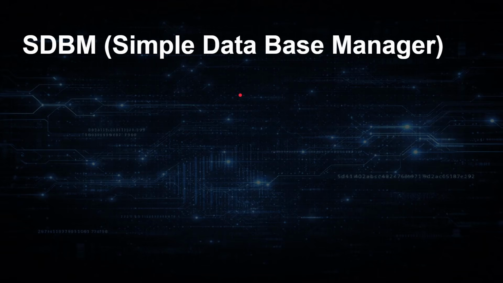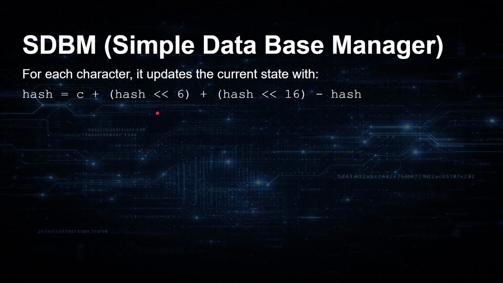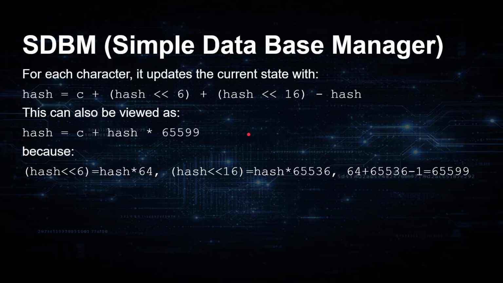Another popular one, along the same kind of ideas, is the simple database manager hash, SDBM. For each character, it updates the current state by doing current character plus hash shifted left 6 times plus hash shifted left 16 times minus hash. And what does that actually give you? That's actually C plus hash times 65599, because shifting left 6 times is 64, shifting left 16 times is 65536.